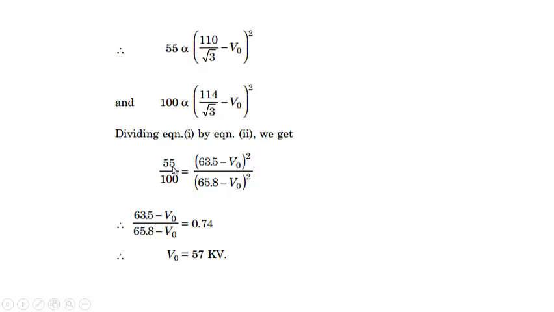Dividing this and this, it comes out to be 55 by 100 equal to, with 110 by root 3 being 63.5 and 114 by root 3 being 65.8, in the square form. Taking the square root of both sides, you will get square root of 55 by 100, that is 0.74, equal to 63.5 minus V naught over 65.8 minus V naught. After solving, V naught is equal to 57 kV. It is the critical disruptive voltage phase to neutral.